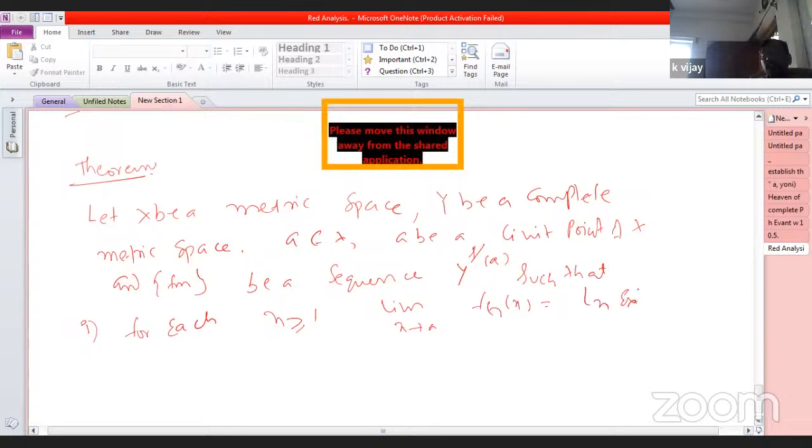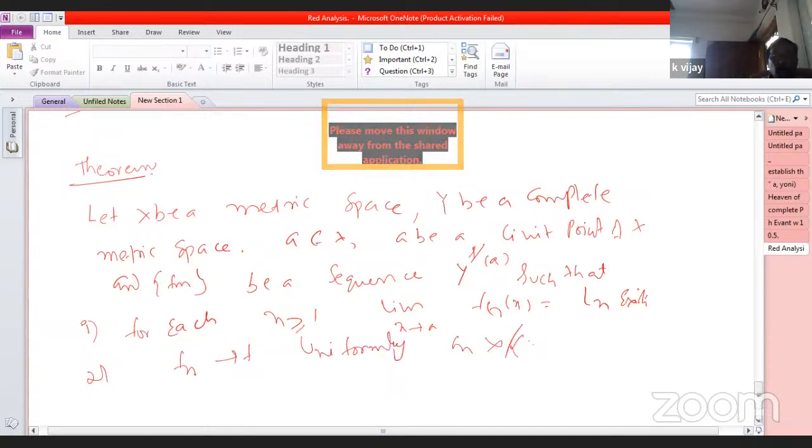This exists, and the second condition: f of n tends to f uniformly on x minus a.